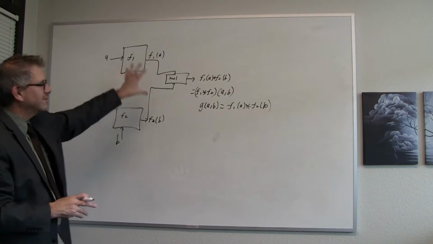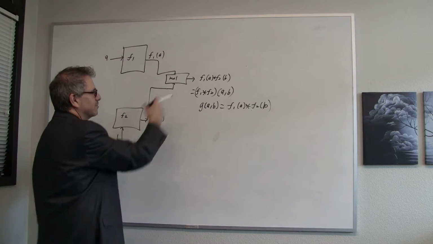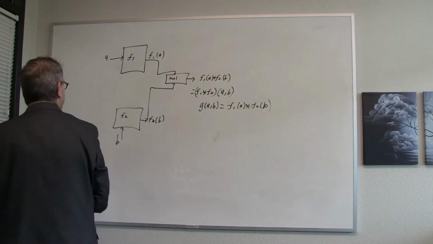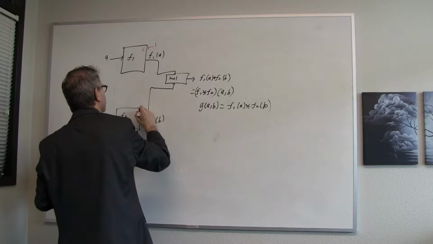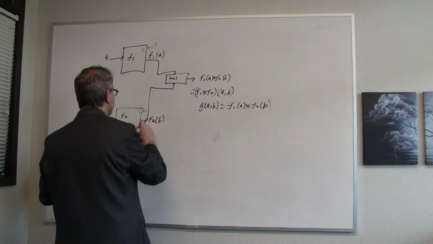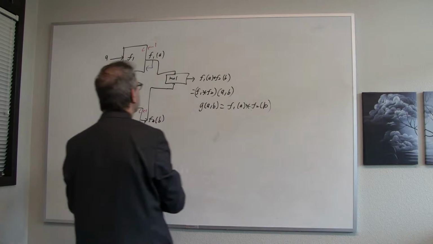So again, if we leave everything in D mode, this is taking the value of F1 of A, the value of F2 of B, and multiplying them and giving us the output. So what happens again when we put these cells into C mode, and we add a feedback again so we don't disturb. I don't need to keep showing that, but I will.